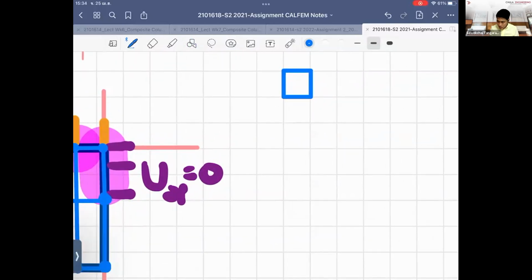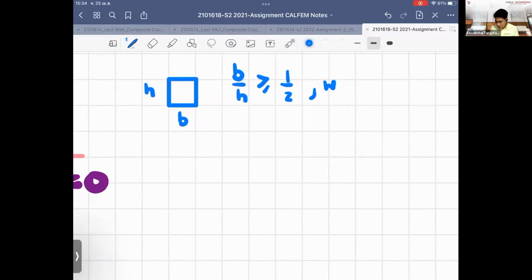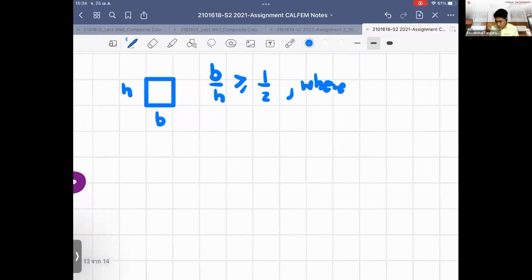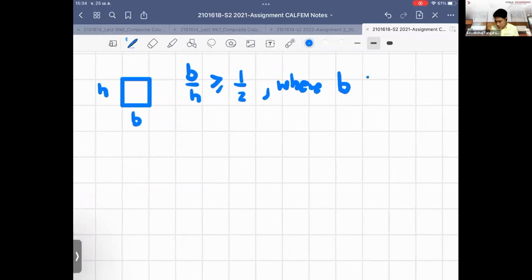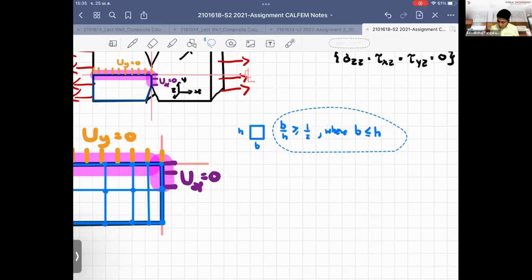Assuming that this is B, this is H, I'm saying that B over H has to be at the minimum 1/2, where B is less than or equal to H. We try to keep the aspect ratio of the element from being too stiff.